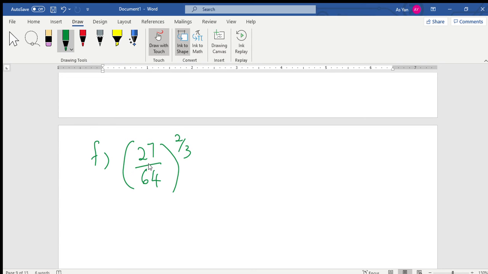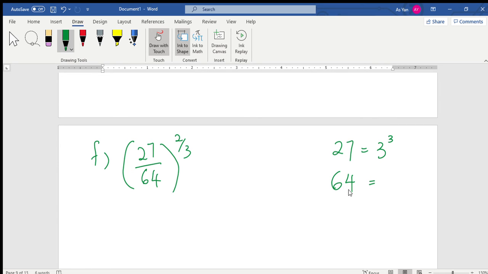Again, I want to change this 27 and 64 into the smaller base. 27, what multiplication do we have? 27 is equal to 3 to the power of 3. So this 3 to the power of 3 will be substituted under the 27.